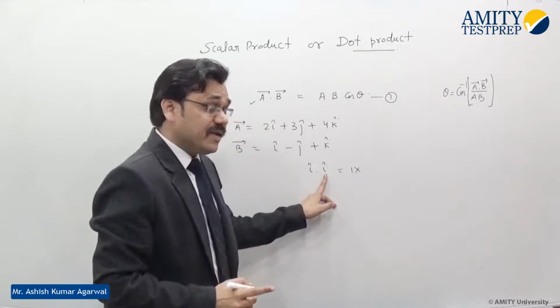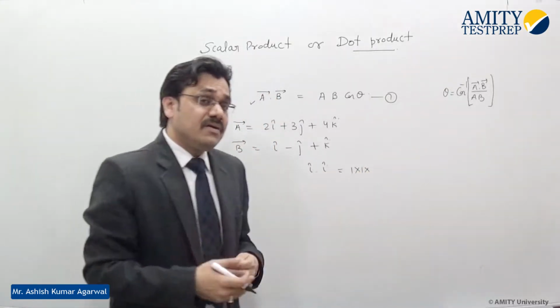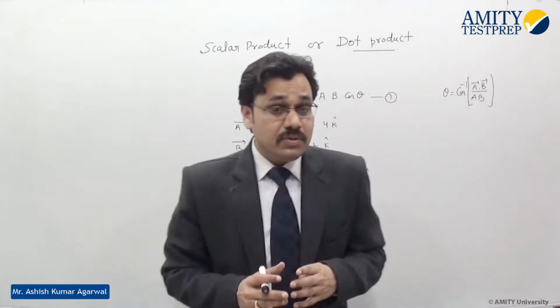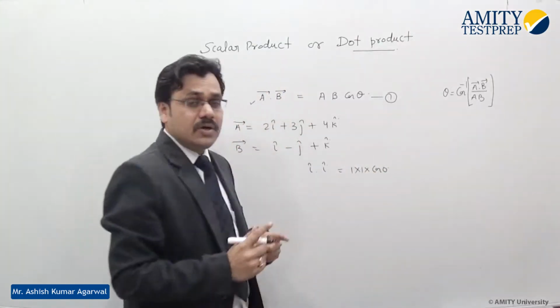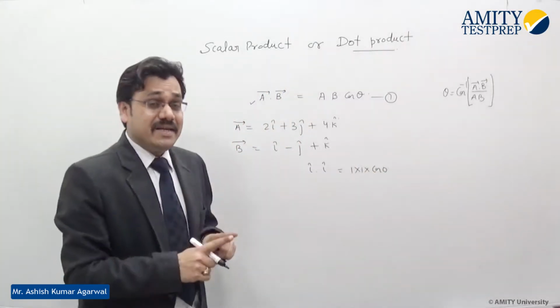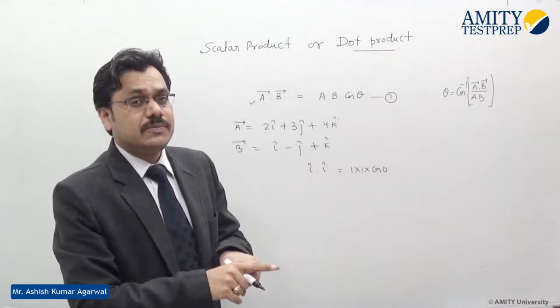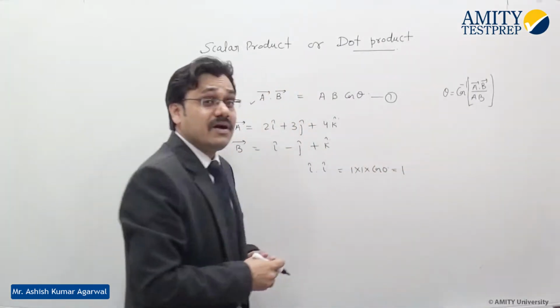It is 1. The magnitude of the second i cap is also 1. And the angle between the two same vectors is 0. So I have to write cos 0, because i cap and i cap are both the same vectors, so the angle between them is 0. When I multiply it, I get 1.